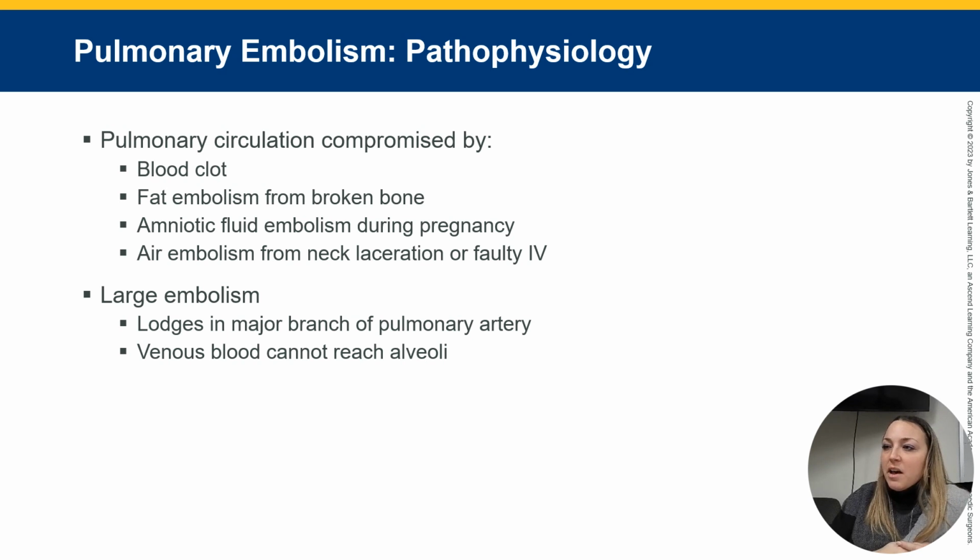So you might have a PE that starts way down towards a terminal end of the branch, but as that blocks up, it's blocking things behind it, so it can lead to an even bigger blockage. So it's important to be aware of that. And what happens is that deoxygenated blood can't reach the alveoli, so we can't oxygenate it, and we lead to hypoxia. Makes sense.